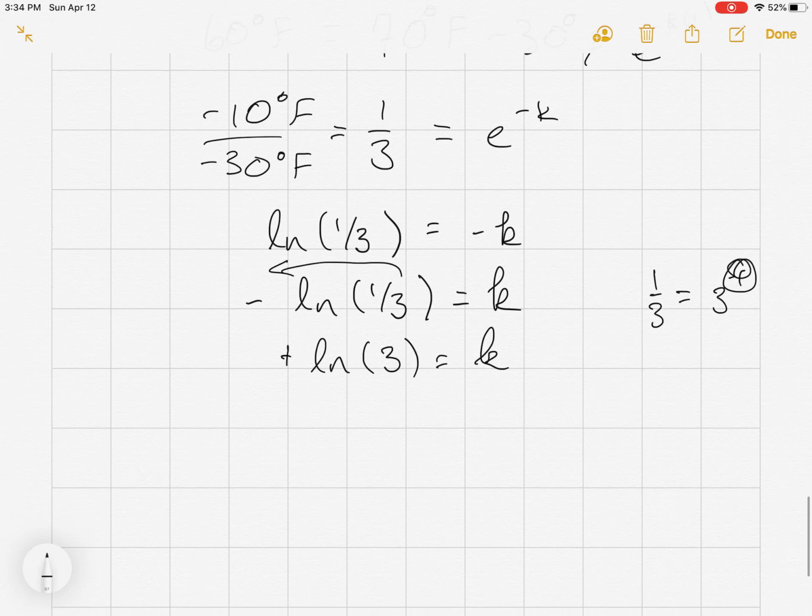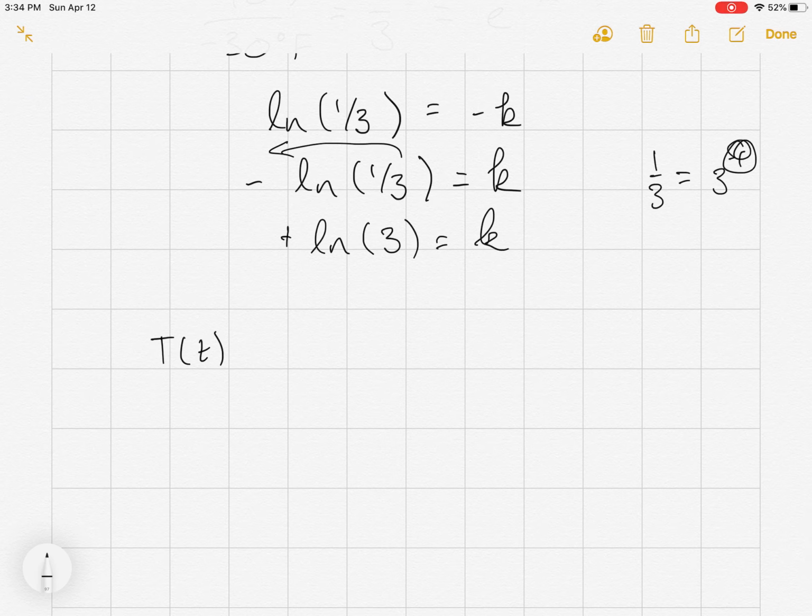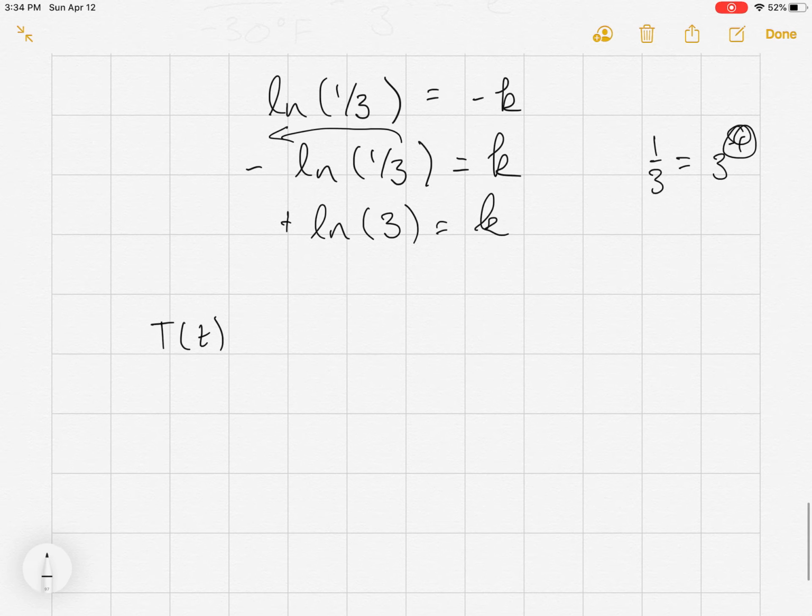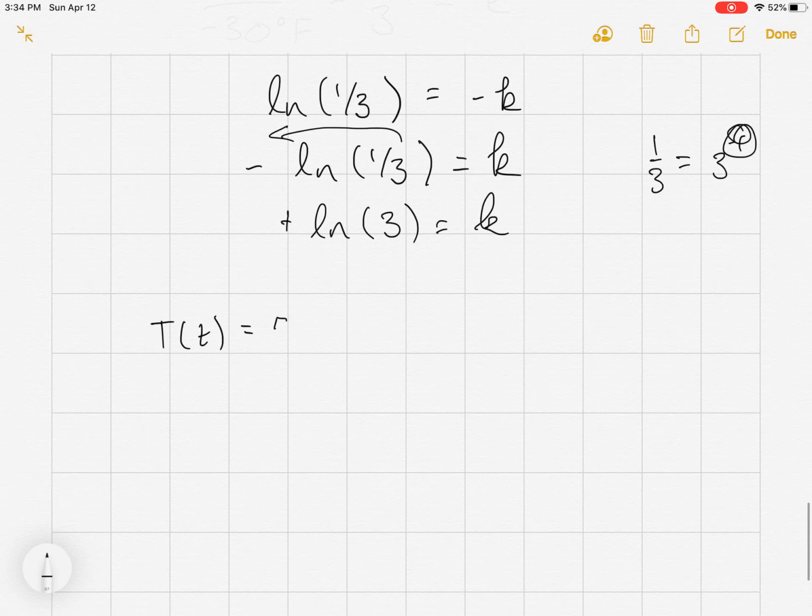Very good. So we know that by our law of cooling, for, once again, all these numbers are made up, right? I don't actually know if this is how long it takes for my soda to cool in that temperature of a room, or heat up, right? Warm up. We got 70 degrees Fahrenheit minus 30 degrees Fahrenheit times e to the power of negative natural log of 3 times t.